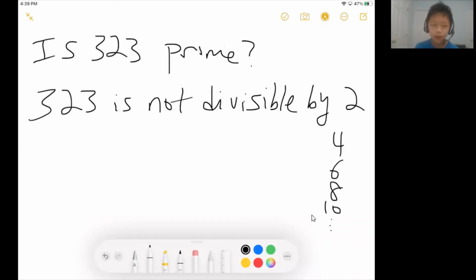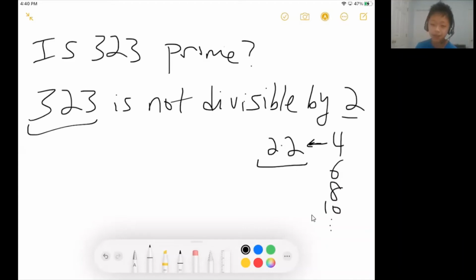Because if 323 is not divisible by 2, then there's no way it can be divisible by a multiple of 2. For example, 4 is equal to 2 times 2. So if 323 is not divisible by 2, then it clearly cannot be divisible by 2 times 2. That'd be an even stricter value.